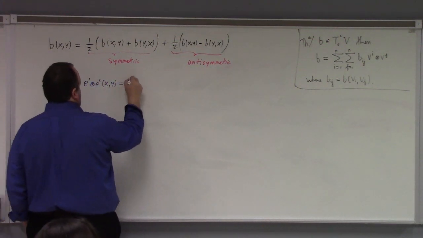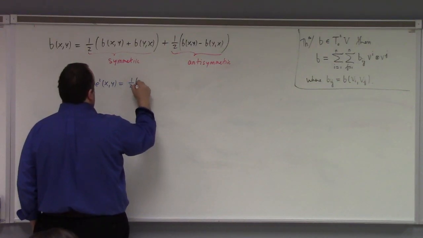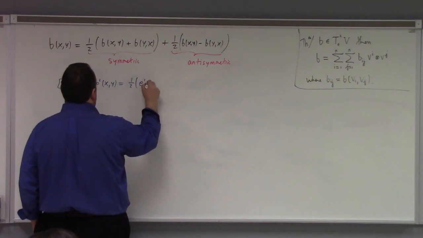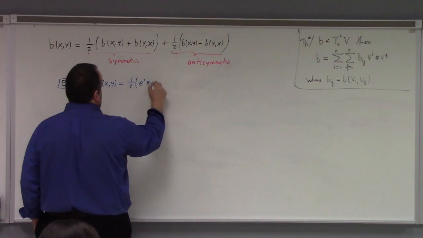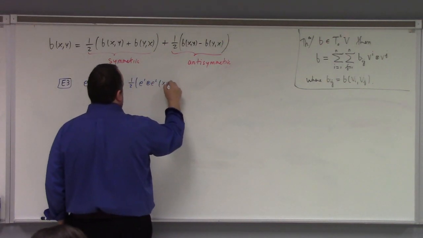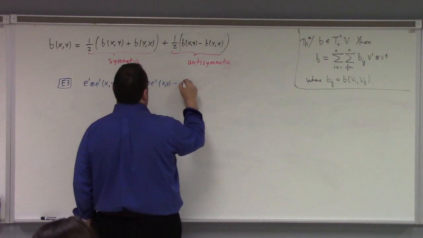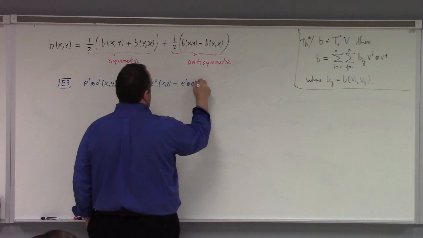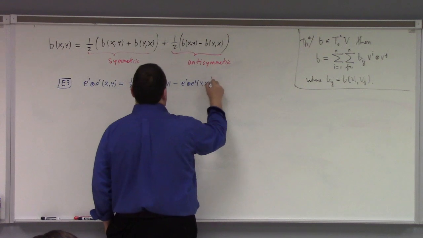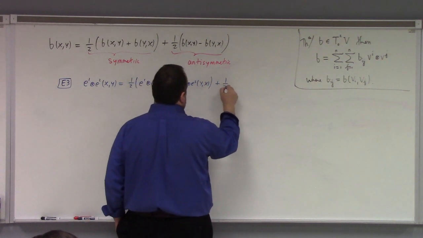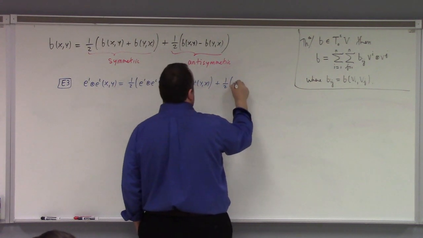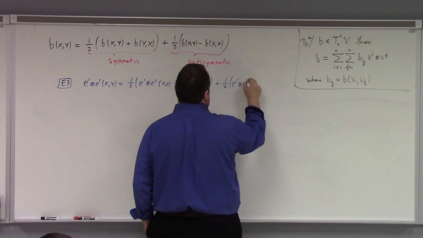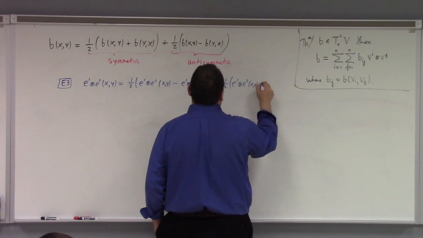I can write that as 1/2 of [E^1 tensor E^2 on (x, y) plus E^1 tensor E^2 on (y, x)] plus 1/2 of [E^1 tensor E^2 on (x, y) minus E^1 tensor E^2 on (y, x)].